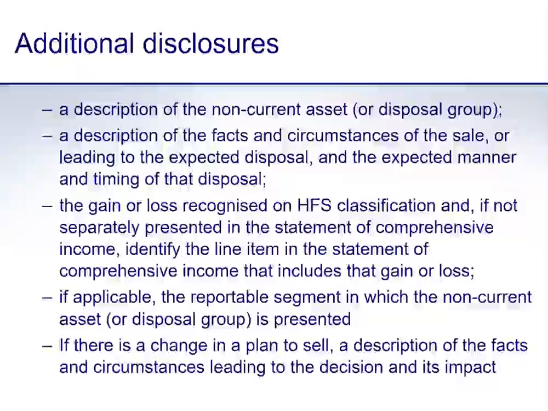If you took a decision, for instance, to dispose of an asset through sale, and then at some point, because there were no takers or for whatever reason you decided not to sell the asset, but maybe you were going to unbundle the asset. If it's a group of assets, you're going to put it into a separate vehicle and hive it off and distribute it to your shareholders. So basically you have a scrip distribution to your shareholders. While there's a change in the plan to dispose of the asset, it is still being disposed of.